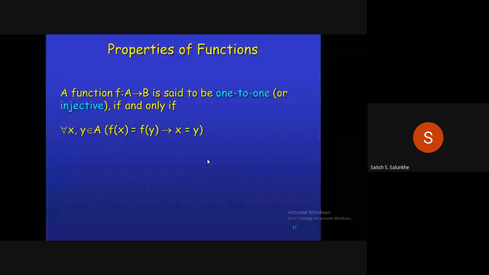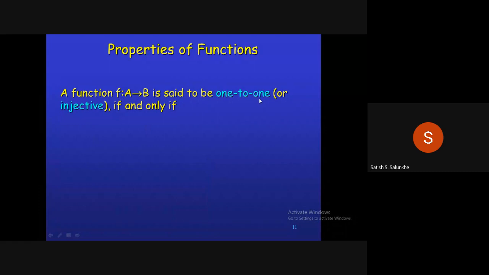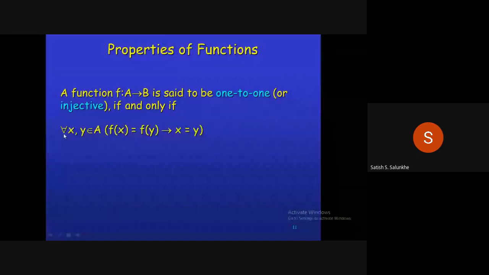So, what are the various types of function? Number one, a function f from A to B is said to be 1 to 1 or alternatively injective if and only if it holds the property that for all x, y belongs to A, f of x equal to f of y implies x and y both are the same.